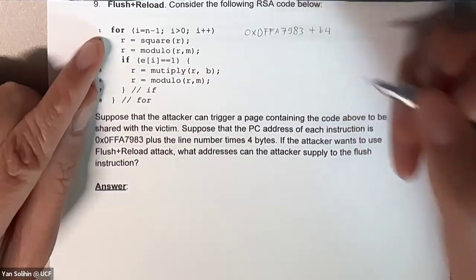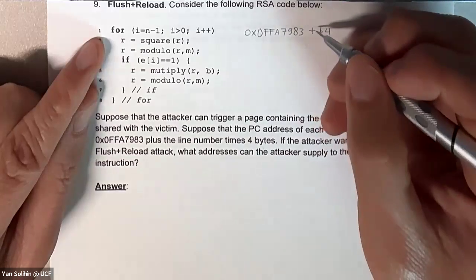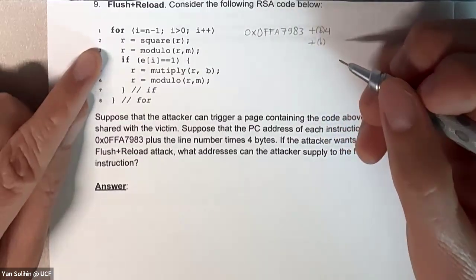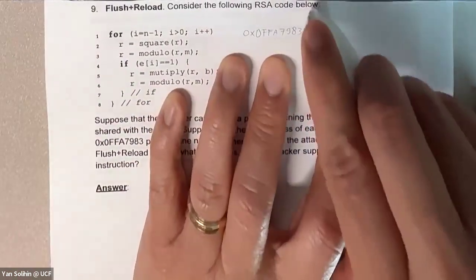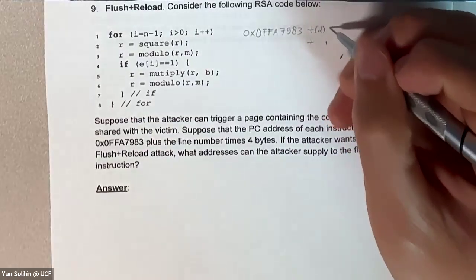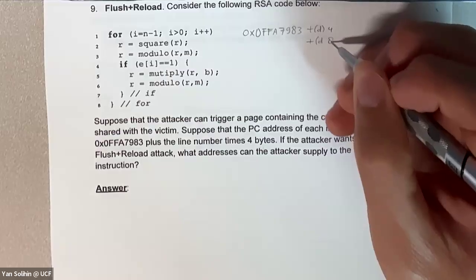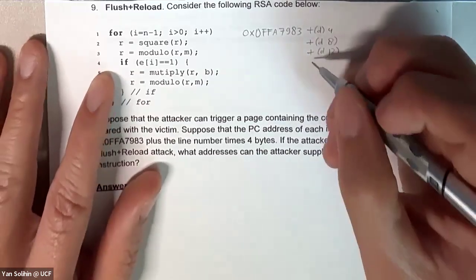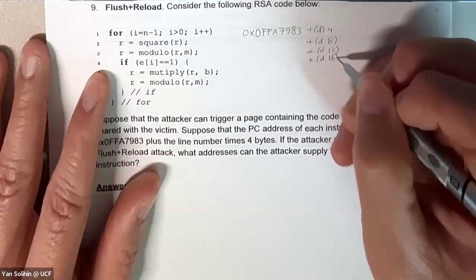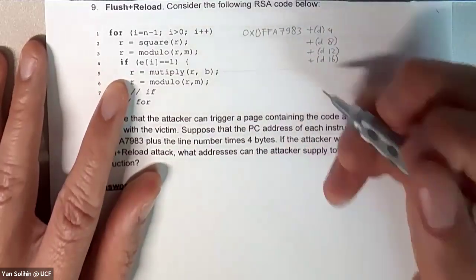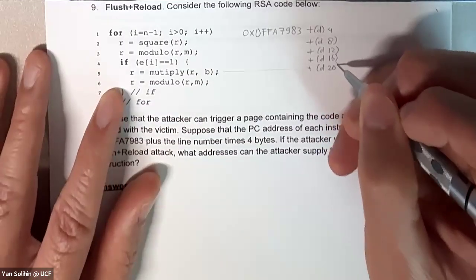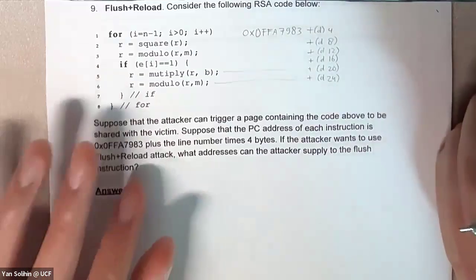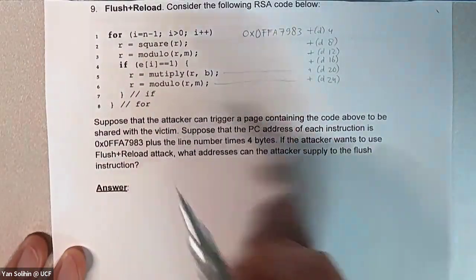So the first line is plus decimal 4 bytes, the second line plus decimal 8 bytes, then decimal 12 bytes, decimal 16 bytes, and then these two right here, decimal 20 bytes and decimal 24 bytes. The other ones we don't really care about.